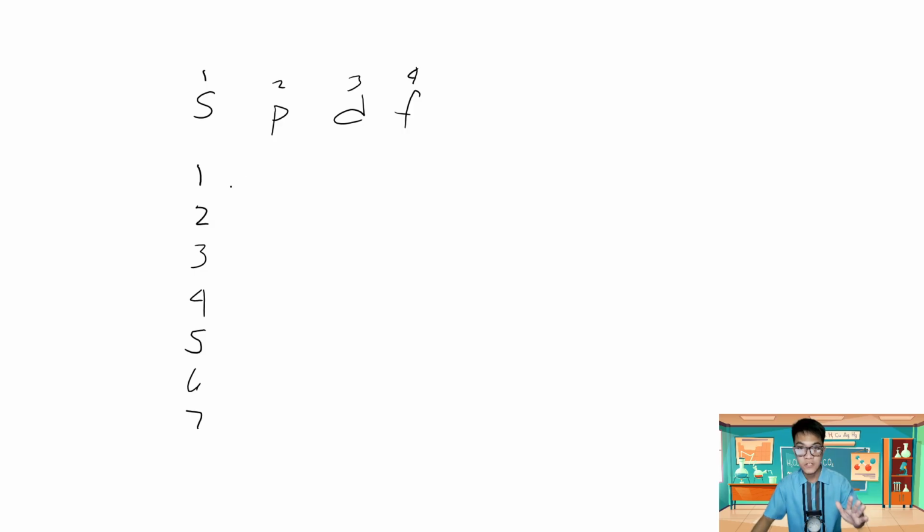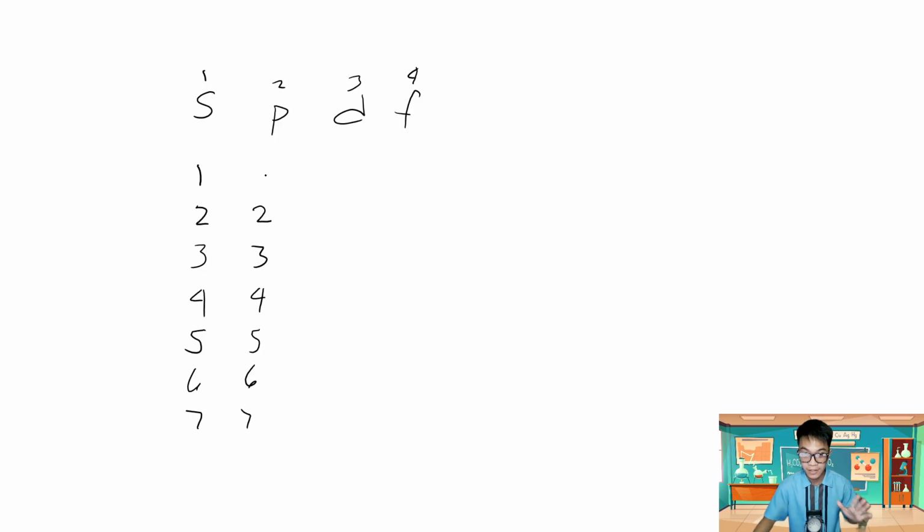In doing this, we have to make sure that they are in horizontal alignment with each other so that we won't get confused with the arrangement. As I've mentioned, the P block starts with 2, so we'll write the number 2 in horizontal alignment with the number 2 of the S block. So that will be 2 all the way to 7: 3, 4, 5, 6, 7.